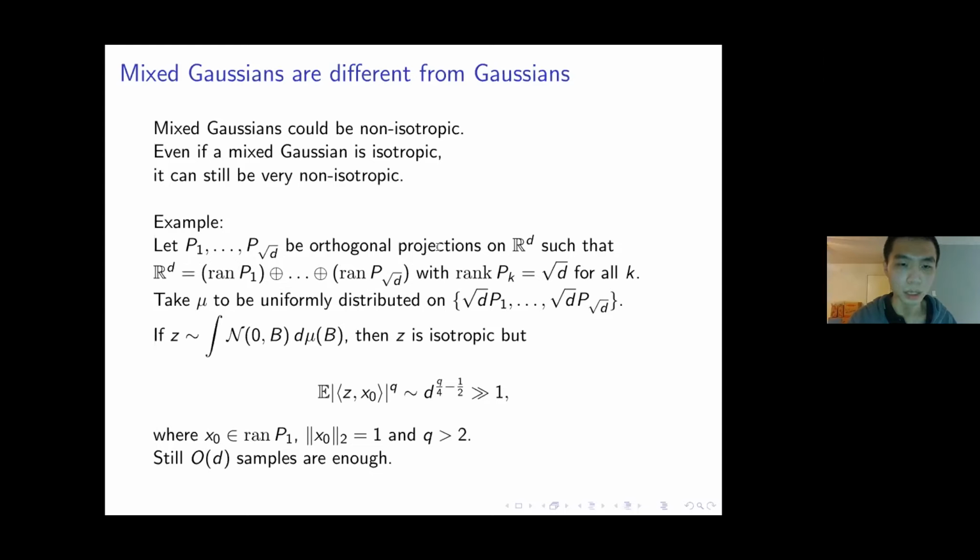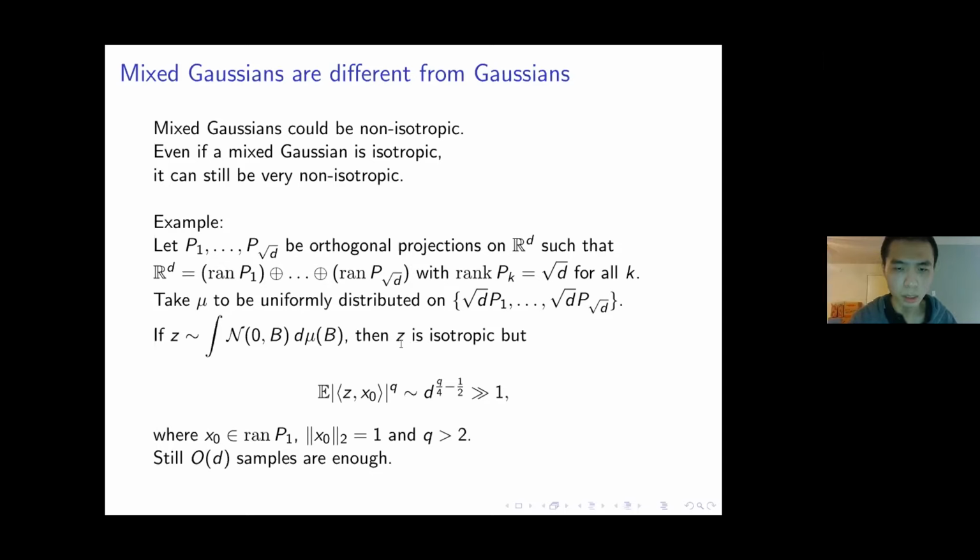It's very spiky actually, because we first pick one of these root D number of subspaces at random, and then after we pick that subspace, we pick a standard Gaussian on that subspace. So it's very spiky, but still we can consider the mixed Gaussian.